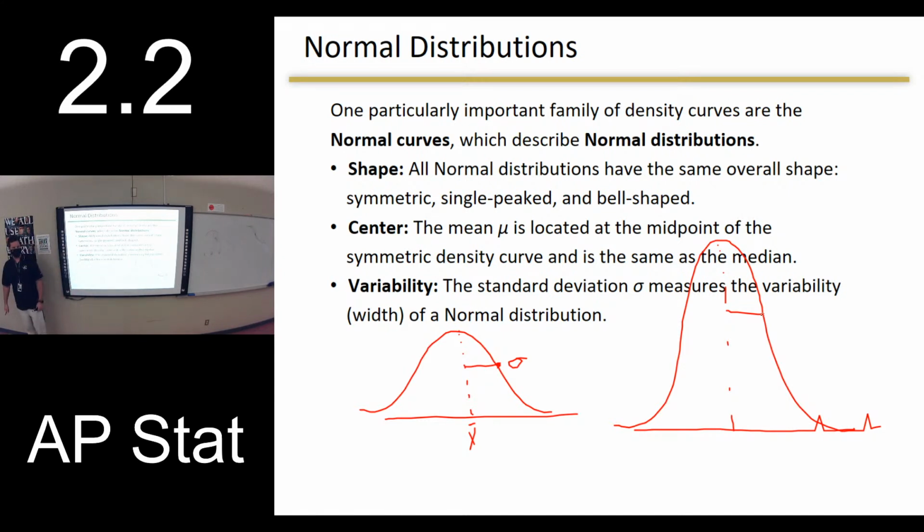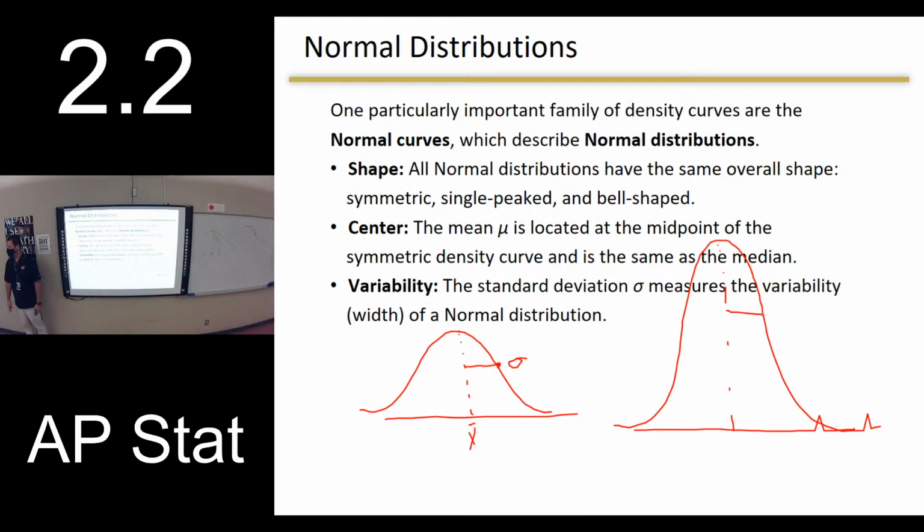Kind of makes sense there. One standard deviation. Again, you don't have to be precise, you don't have to be accurate, just close. The standard deviation measures the variability or the width of a normal distribution. That's all we're saying right there. That's more information than you would ever want to know about a normal distribution.